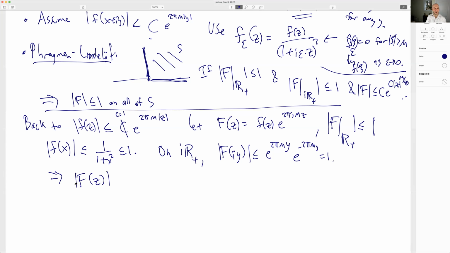That means F of z is at most 1 for all values of z, but this in absolute value is equal to the absolute value of f of z times the absolute value of this, which is e to the 2 pi m times the imaginary part, so e to the minus 2 pi m y.